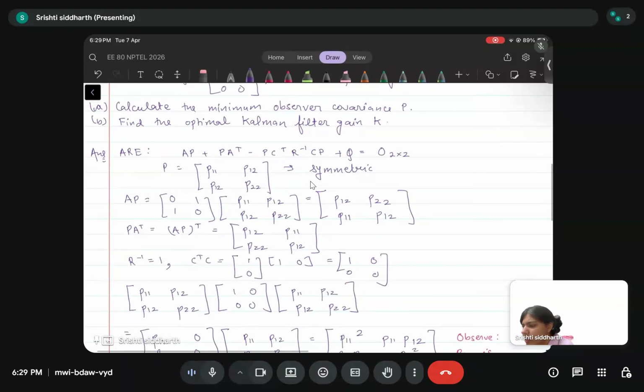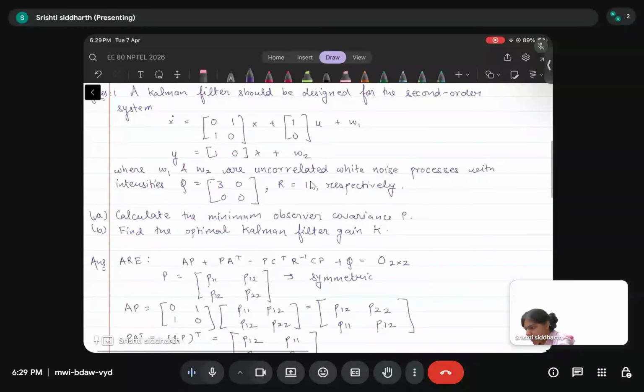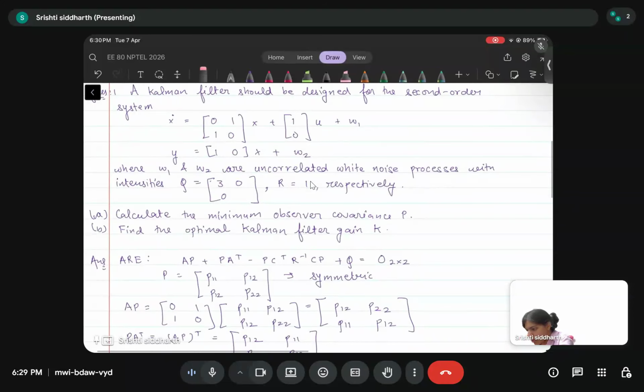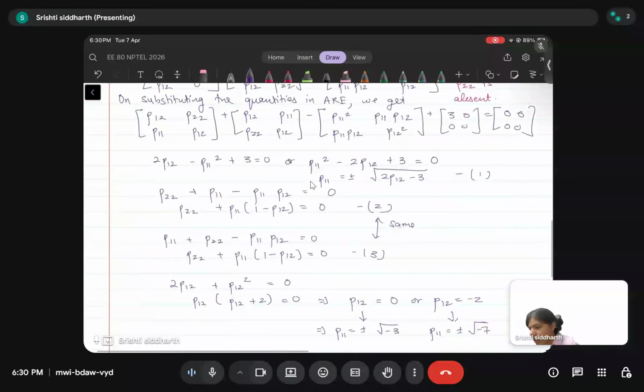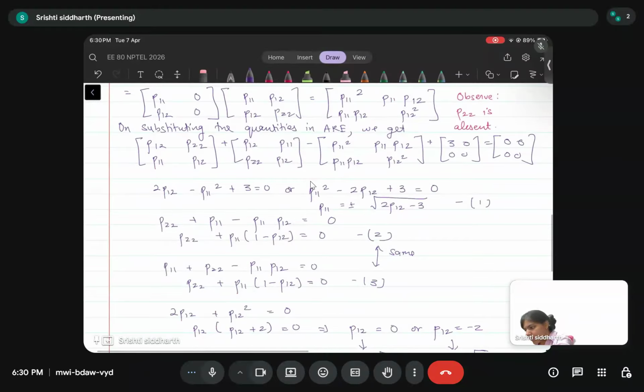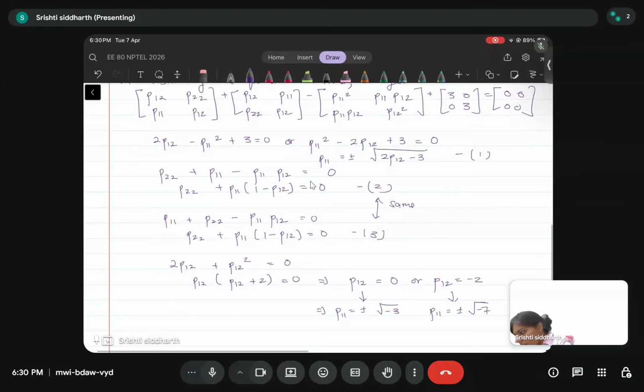Okay, so I think there is a mistake here. This is 3, and this means that we are here, and the last equation becomes 2p12.